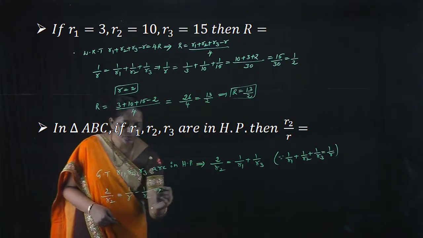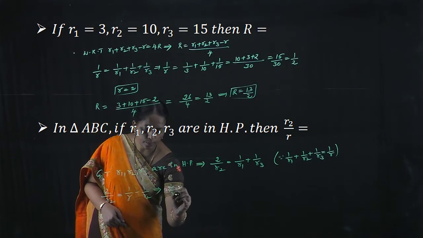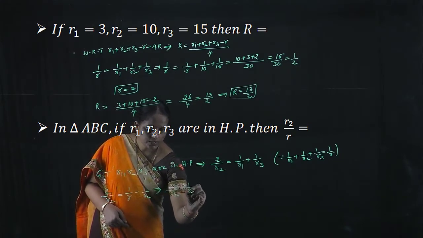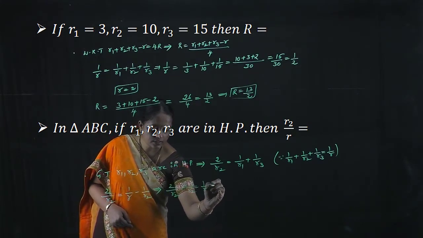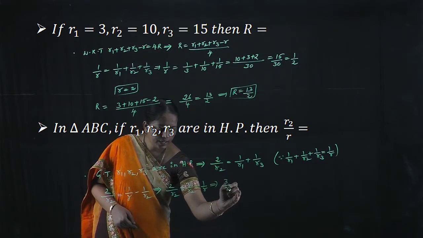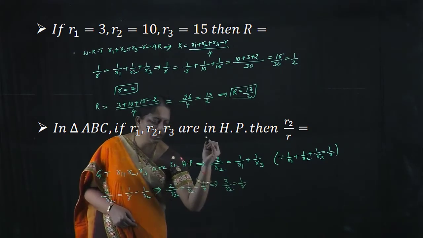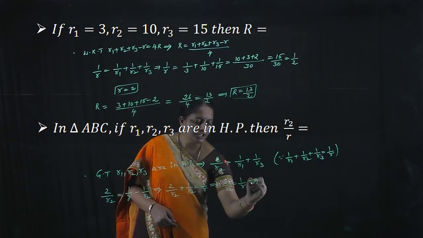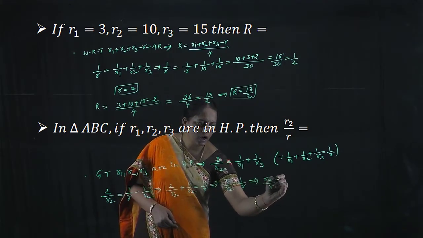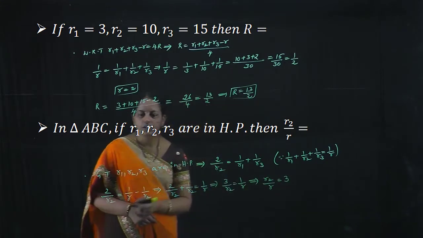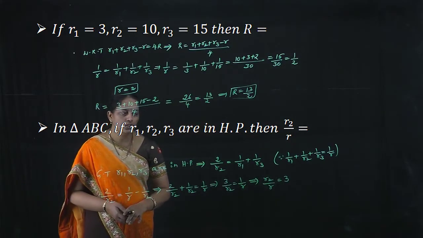Okay, from this we can write 2 by R2 plus 1 by R2 is equal to 1 by R. Hence 3 by R2 is equal to 1 by R. Then by cross multiplication we get R2 by R is equal to 3.